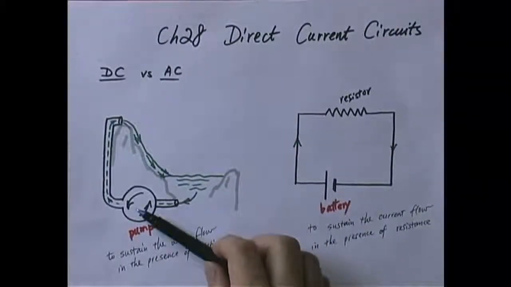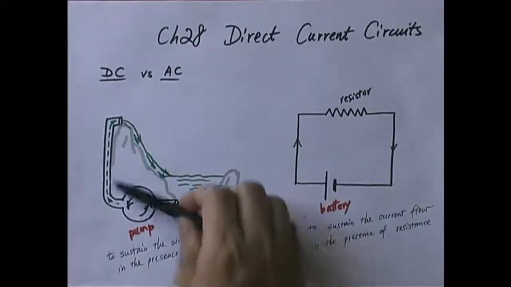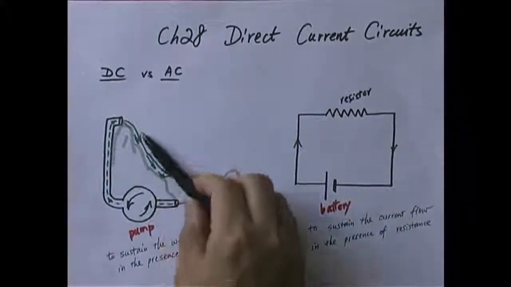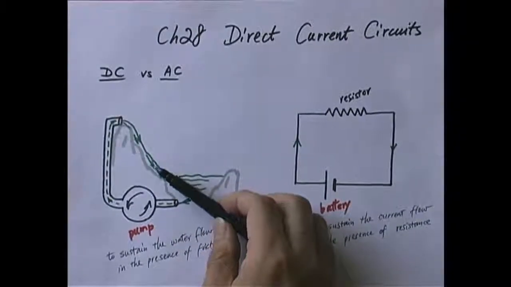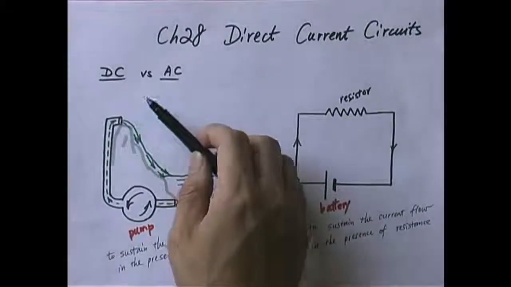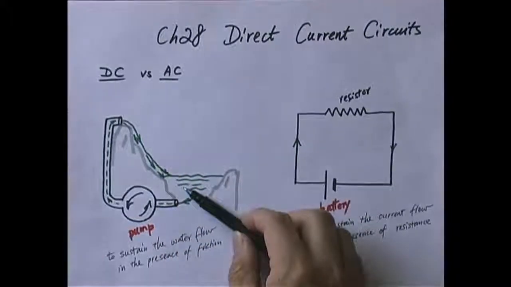You need a pump, which increases the gravitational potential energy, so the cycle can start over again. And ideally, if this flow cycle has no friction involved whatsoever, would you still need such a pump? Well, imagine a little water drop. It falls downwards without any friction, without any viscosity.